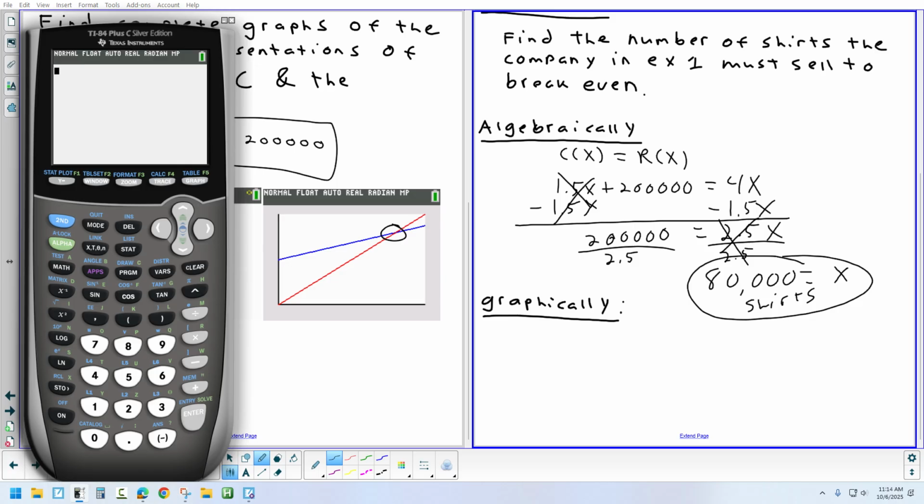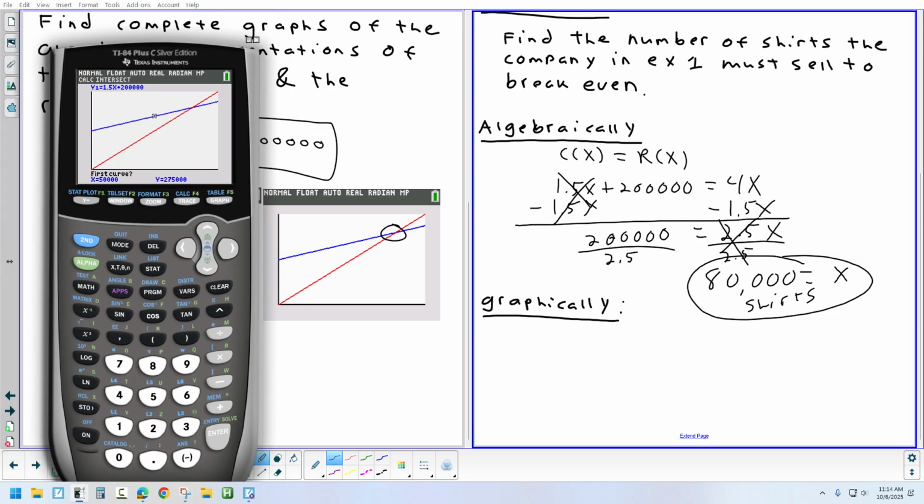Was it calc? Second, calc. Yep. Intersect. Option 5. Because there are only 2 lines on the screen and they only cross in one spot, you basically can just hit enter 3 times.